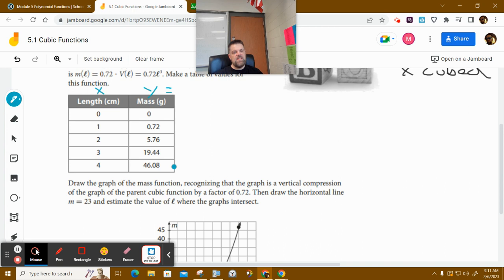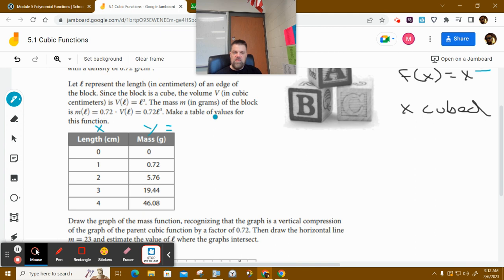And so the next thing they ask us to do is draw a graph of the mass function, recognizing that the graph is a vertical compression of the parent cubic function by a factor of 0.72. So what they're saying is, and let me clarify this. I have the original volume, right?